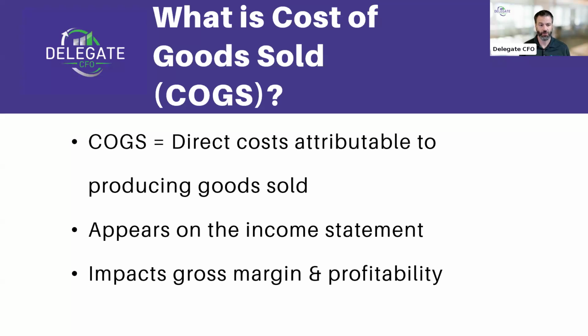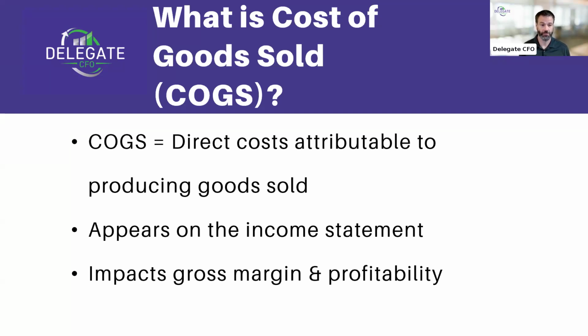Your cost of goods sold will obviously impact that gross margin, because the higher your cost of goods sold is, the lower your gross margin. The lower your cost of goods sold, the higher your margin. It's also important to note that understanding what is in your cost of goods sold can significantly impact your profitability.